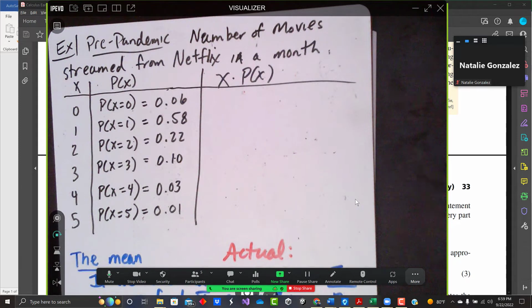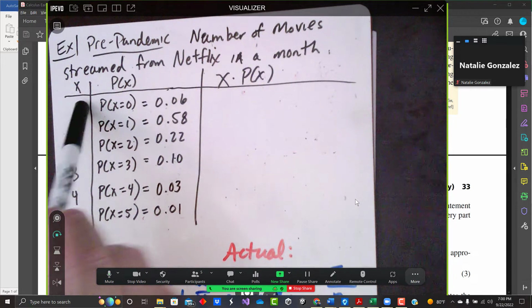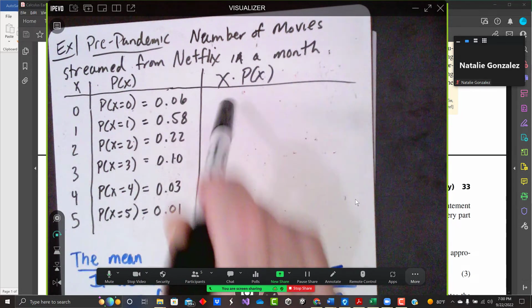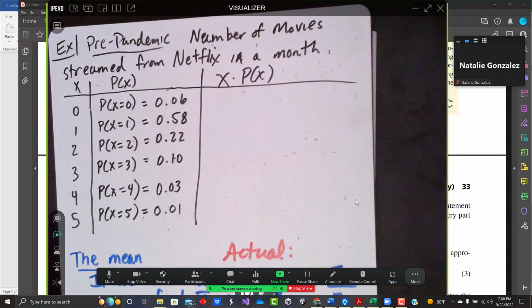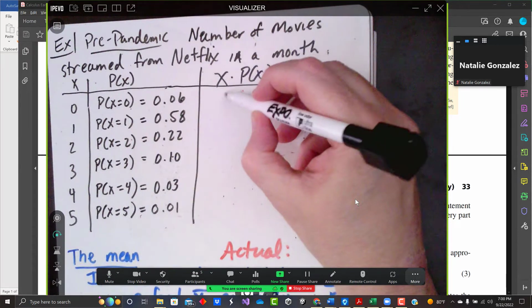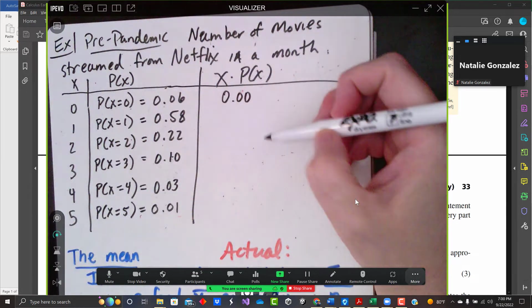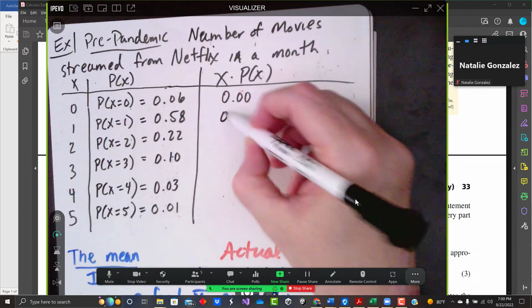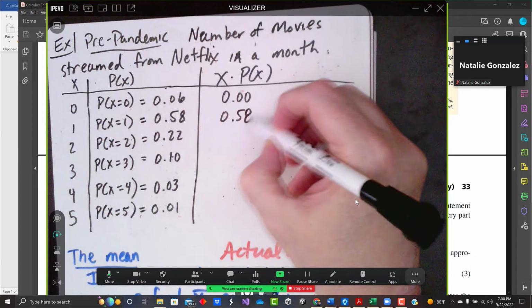What I'm doing is I'm taking this value right here in the x row, and I'm going to multiply it by that value right here. I'm going to record the answer right here. 0 times anything is 0. 1 times anything is just the number. So 1 times 0.58 is 0.58.